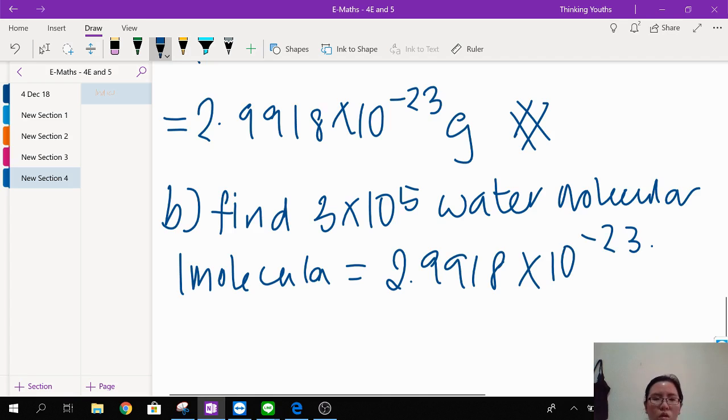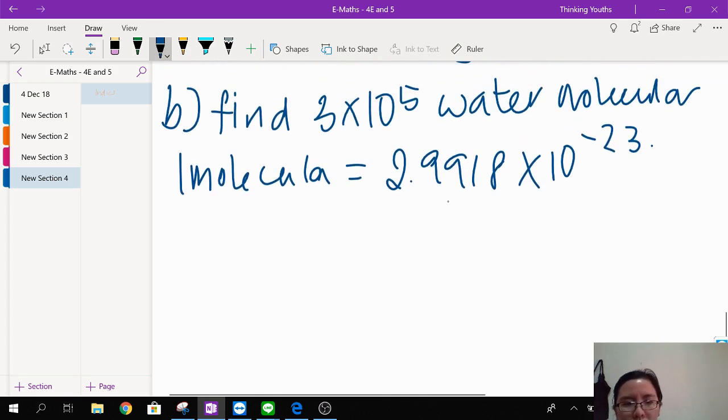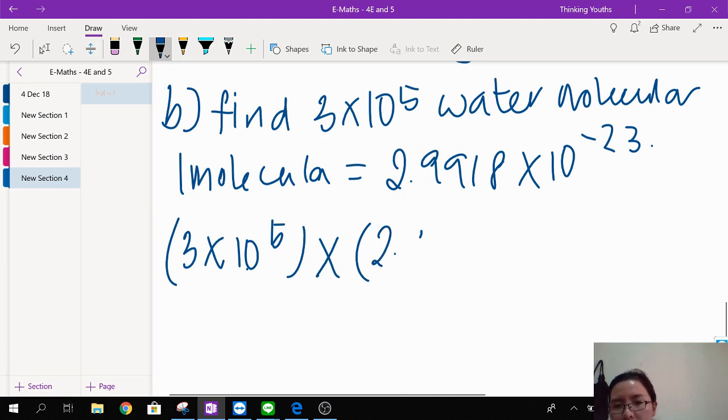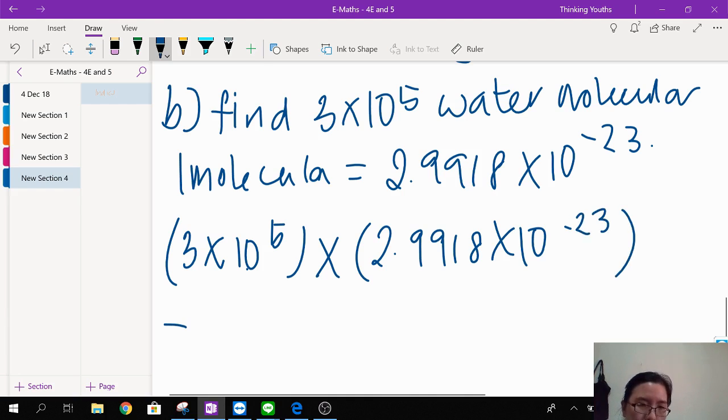So to find the part B, it will be 3 times 10 the power 5 times 2.9918 times 10 the power negative 23.